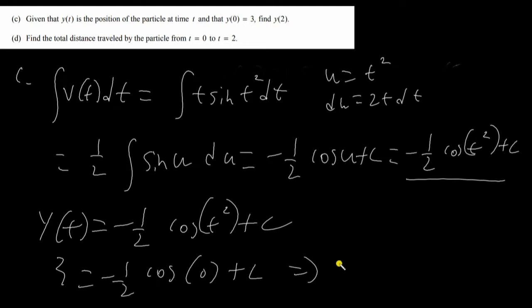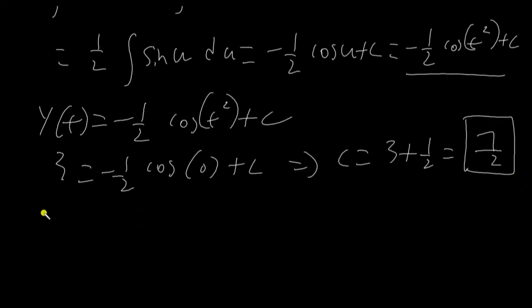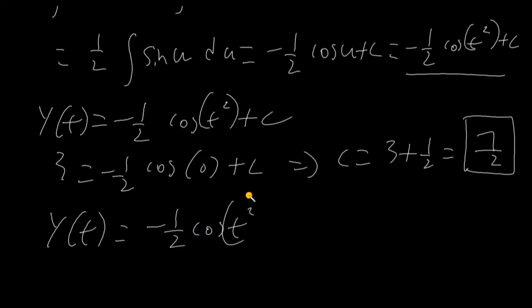Therefore, c is 3 plus 1/2, which is 7/2. That's not really our answer, but that's part of the problem. So now the full position function is negative 1/2 cosine t squared plus 7/2. I'm going to erase that because it's kind of confusing. That's not our final answer.